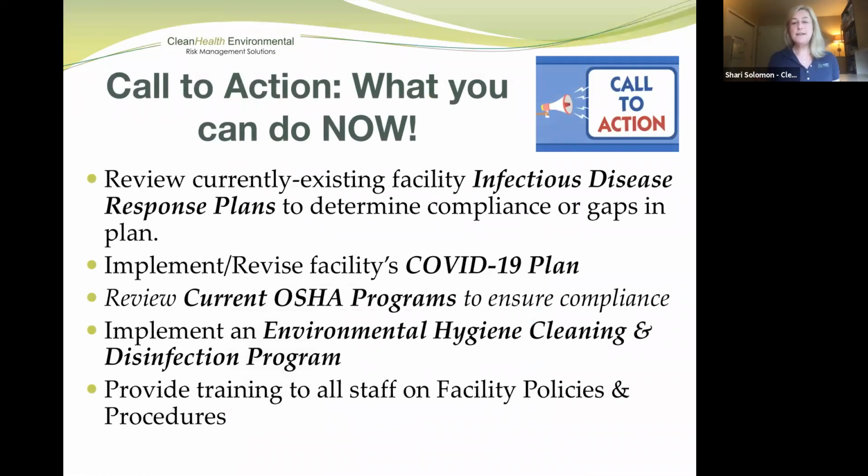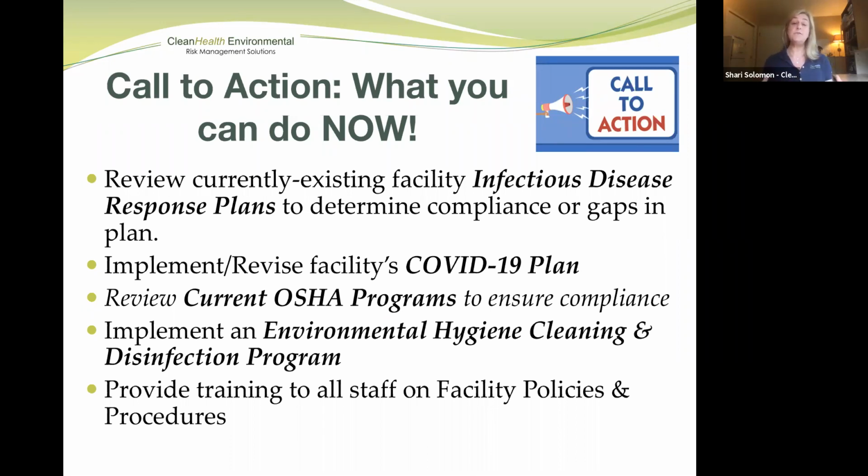All right, so I always like to end my presentations with a call to action to help you figure out what you can do now. First, review your existing infectious disease and response plan. And like I said earlier, make sure that if there are any COVID-specific provisions, those are added, and then determine any gaps in the plan.